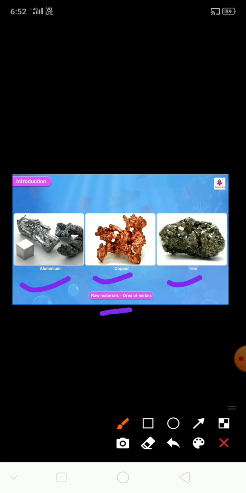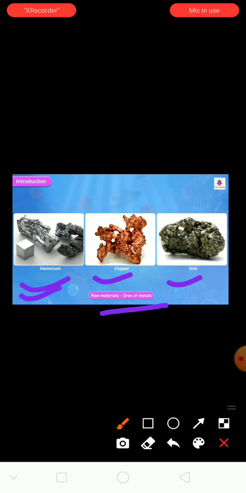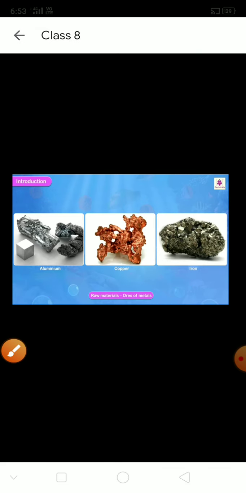It's an ore of metals. It is a raw material. So these raw materials form some metals. Such metals are what? Aluminium, copper and iron, etc.